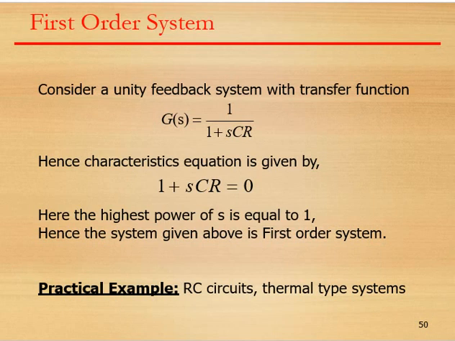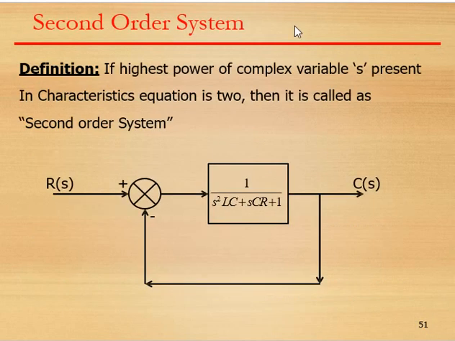Okay, so if you see the second order system, again, if the power of the complex variable s present in a characteristics equation is 2, then it is called a second order system. See, these are the concepts that we have seen earlier in this lecture only. Just see how to represent it: it is asked in a question to draw the block diagram of a second order system and show that the system is second order.